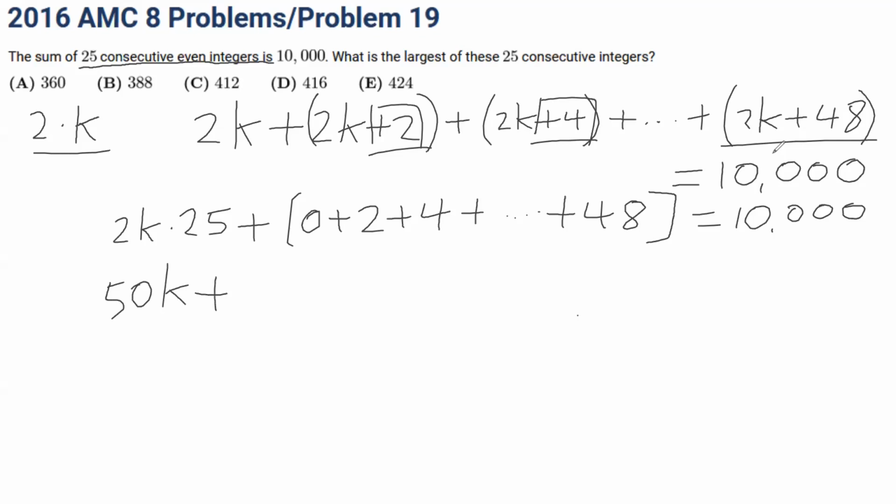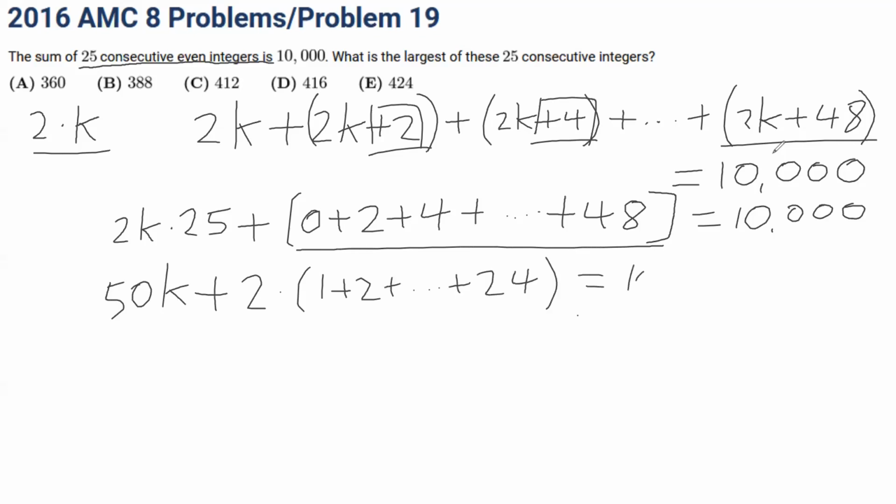And there are several ways we can approach finding the sum of this. We could either factor out a 2, which would give 2 times 1 plus 2 plus all the way to 24 equals 10,000. Or we could use the arithmetic series formula that I gave you last class, but let's just go with here.